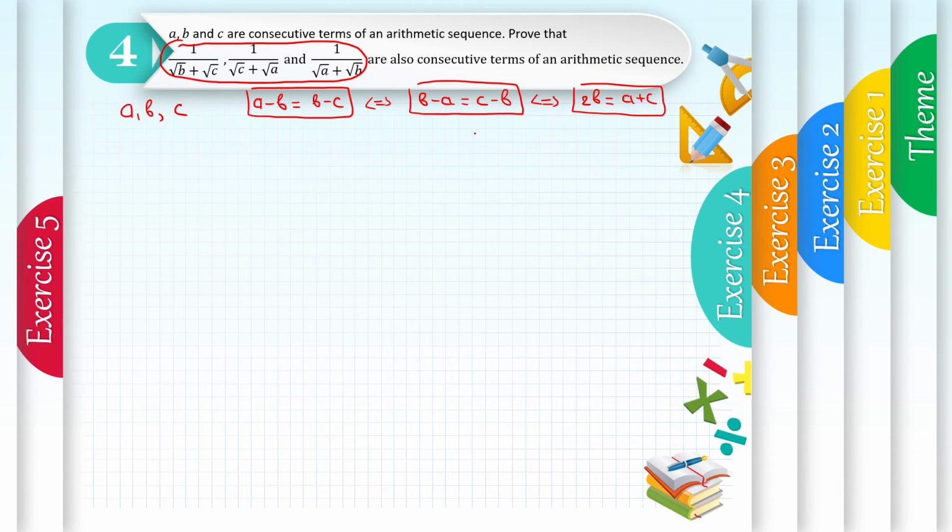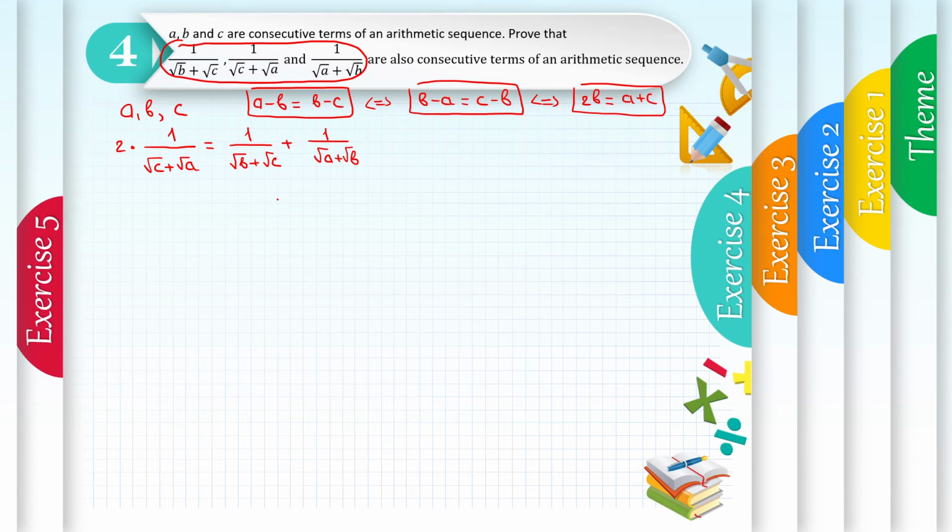I will choose to prove the equality that 2 multiplied with the middle term, so 1 over the square root of c plus the square root of a, is equal to the term 1 over the square root of b plus the square root of c plus the term 1 over the square root of a plus the square root of b.